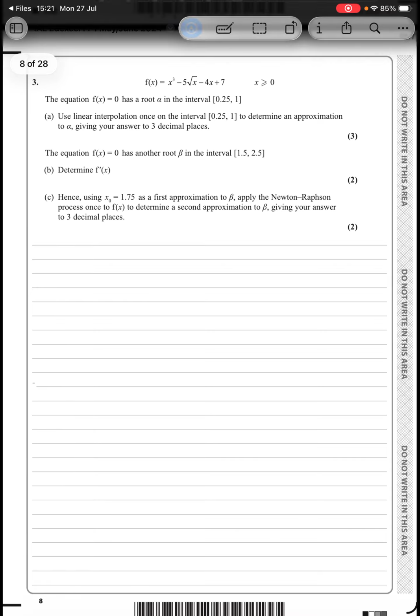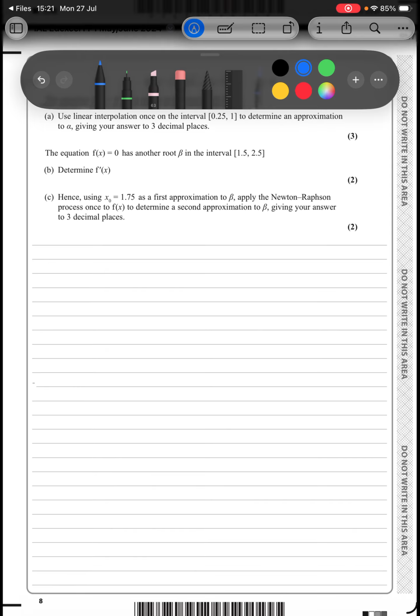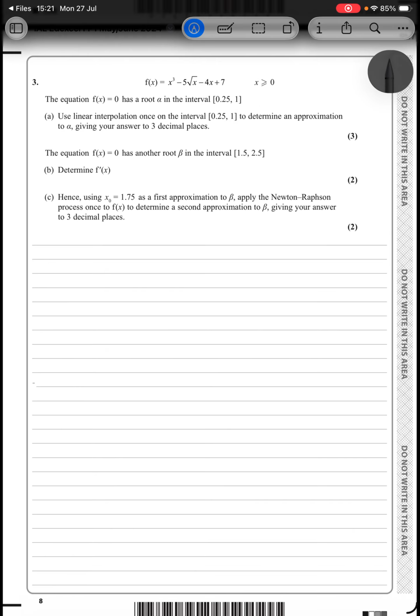Alright, so part A. For linear interpolation, we need to find the values of f of 0.25 and f of 1.